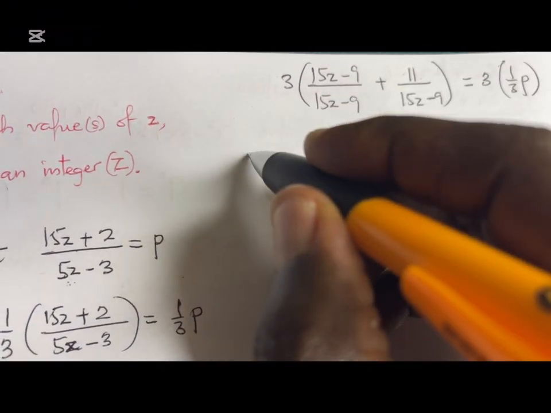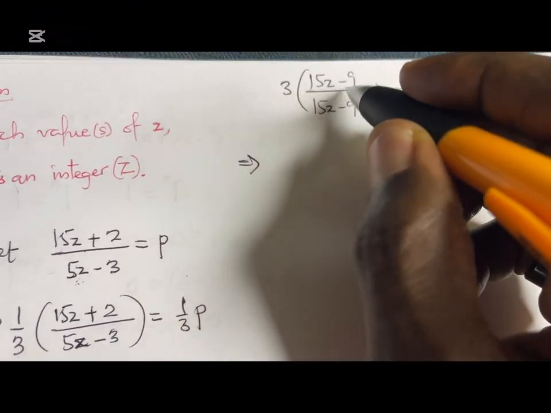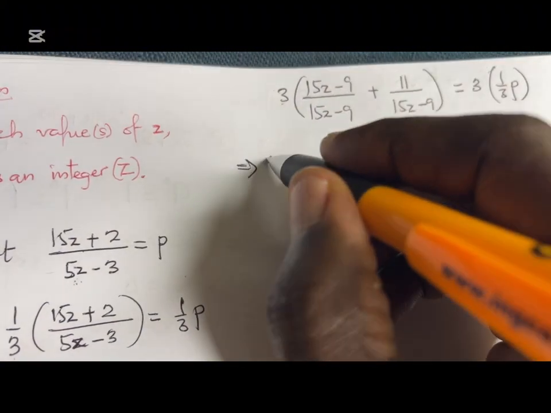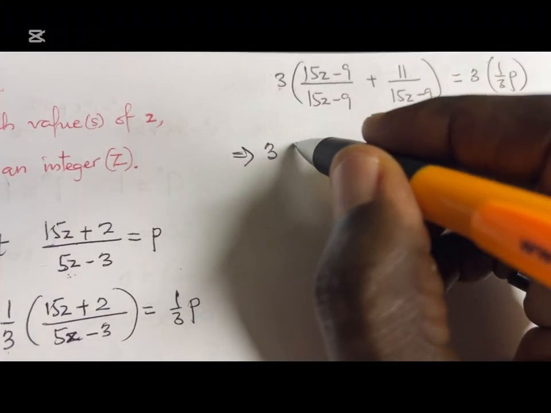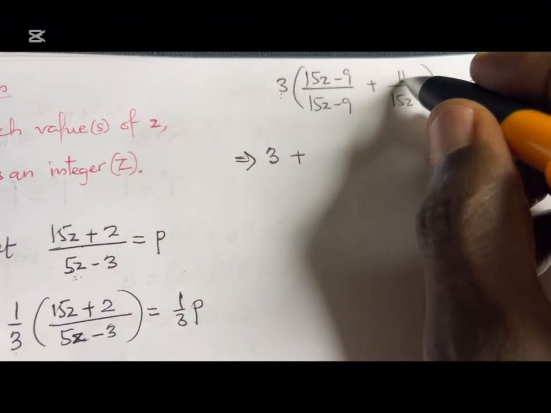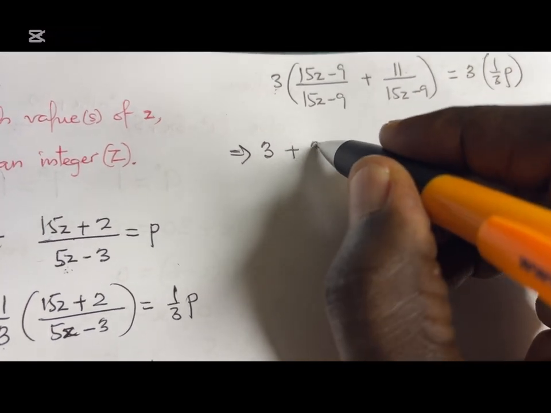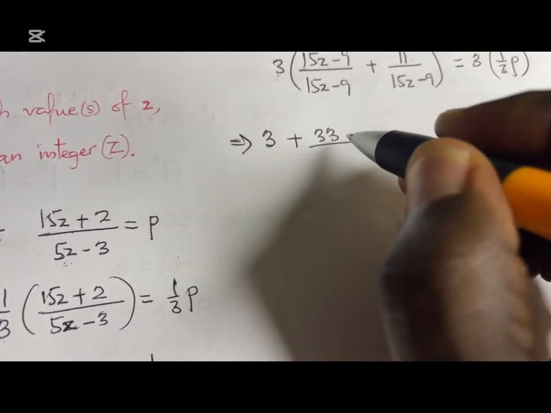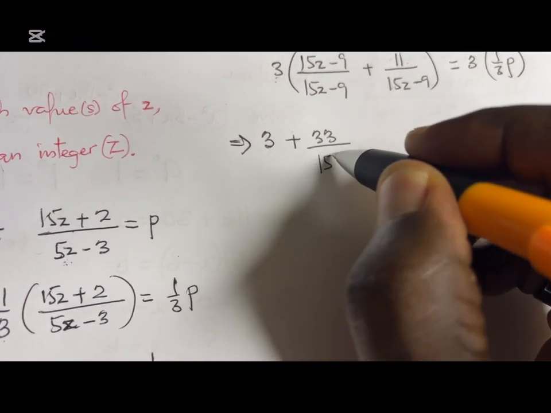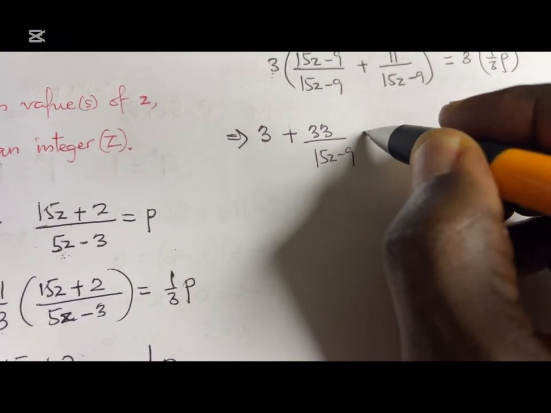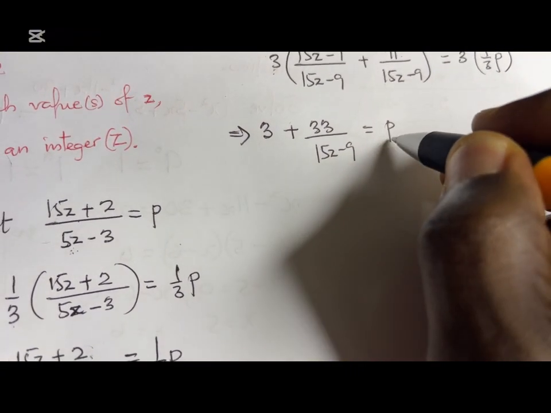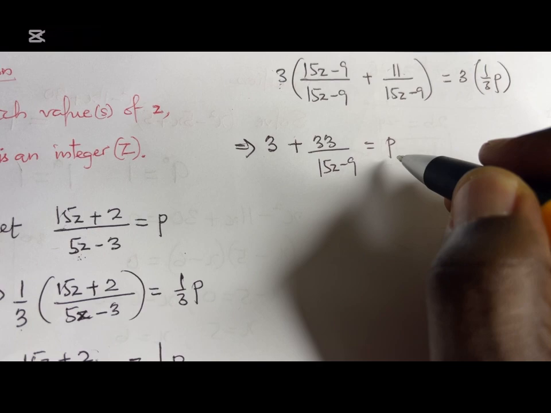Here becomes 1, so you have 3 times 1, 3, plus 3 times 11, 33, on 15z minus 9 equals p. So we have our p back.